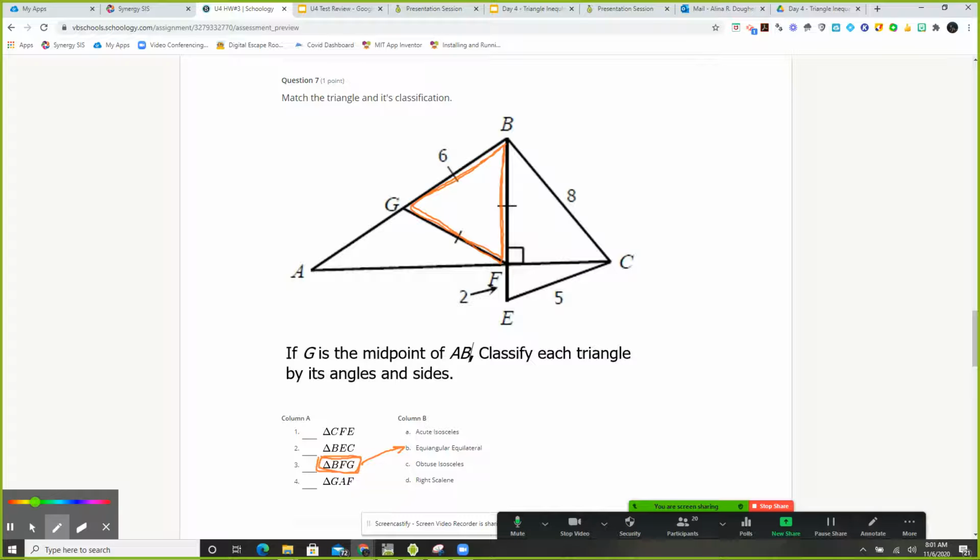Then I might go to this guy over here because I like right angles. They make me happy. I know that this side was 6 in the equilateral, so this side is 6. So what kind of triangle is that?